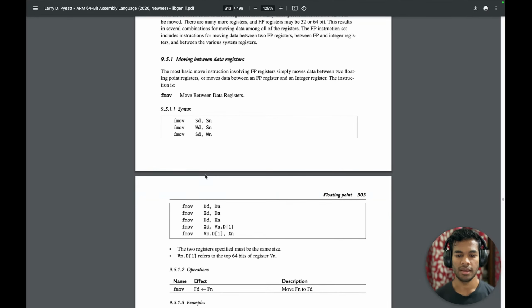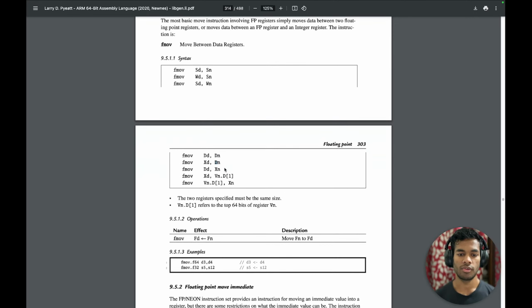X is used to signify we are using 64 bits in a general purpose register, and D is used to signify that we are using 64 bits in a floating point register. X means general purpose and D means floating point register. The two registers specified must be the same size.